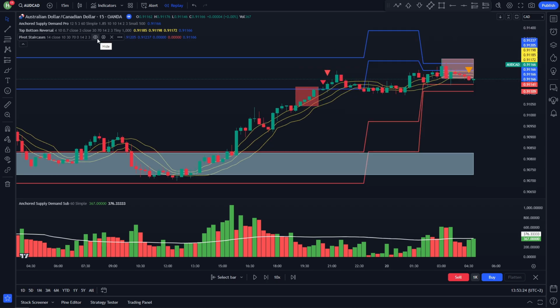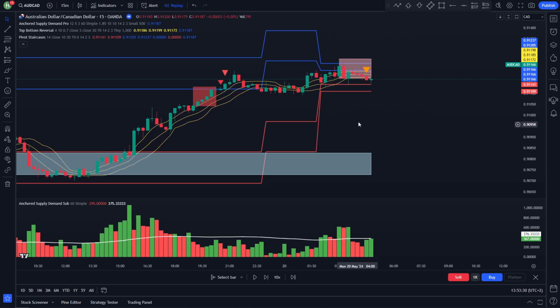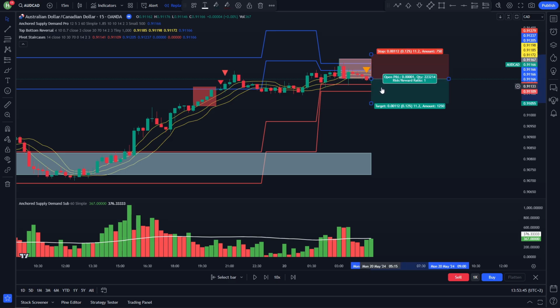Remember, under the settings for this indicator, we changed it to only show us the reversal signals. Lastly, we are waiting for price action to reject away from a tested or anchored supply zone, which will look like this. After all of these criteria are in place, we can enter our sell trade.